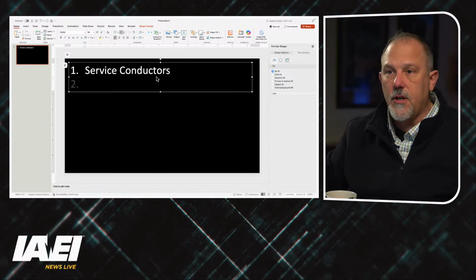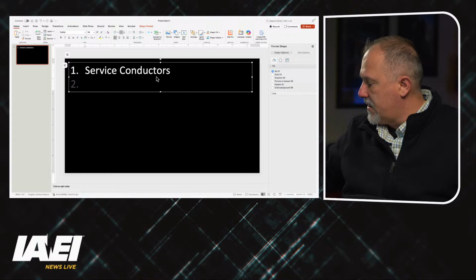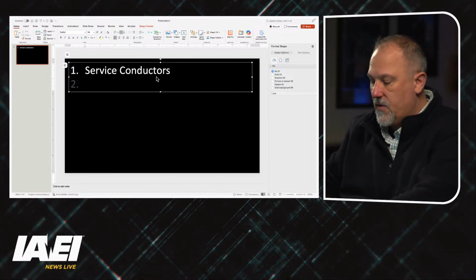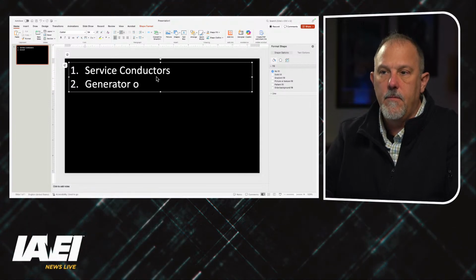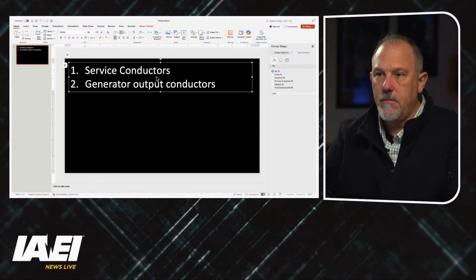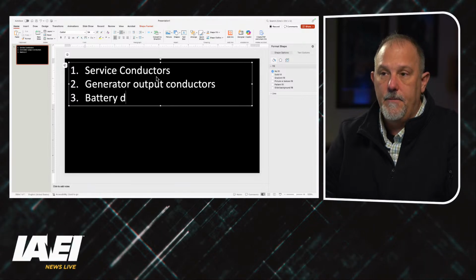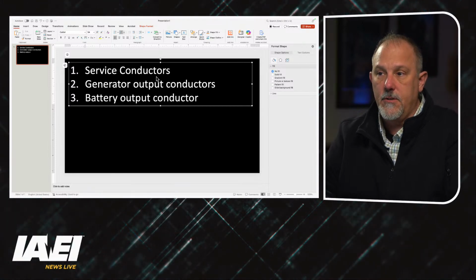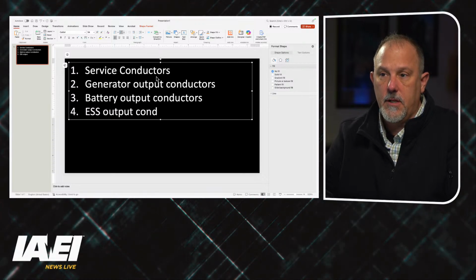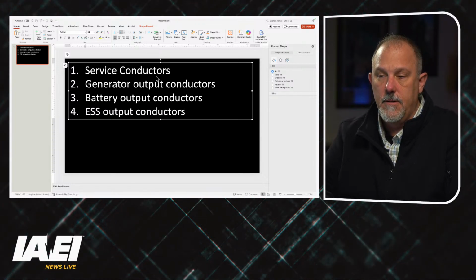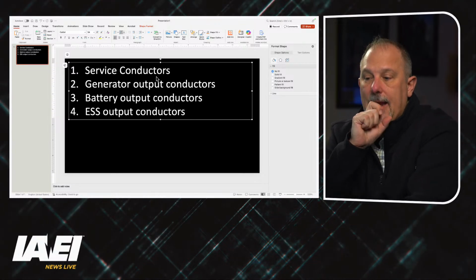So, we know we have service conductors. We've talked about service conductors. We've talked about generator output conductors, battery output conductors, energy storage system output conductors. Is that accurate?